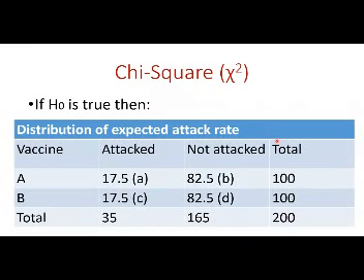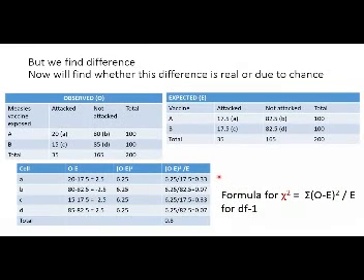If null is true, in case of vaccine A the attack rate is 17.5, and in case of vaccine B it is also 17.5, and similarly the non-attack rate in both the vaccines is the same. But we find the difference.